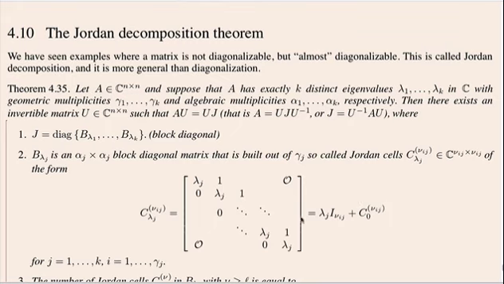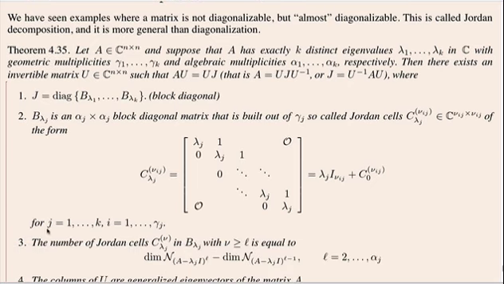So adding together the diagonal matrix with lambda j in the diagonal plus the super diagonal part, you get the whole matrix. And this goes as j goes from 1 through k distinct eigenvalues, and also the i index goes from 1 through gamma j, the geometric multiplicity of the lambda j eigenvalue.